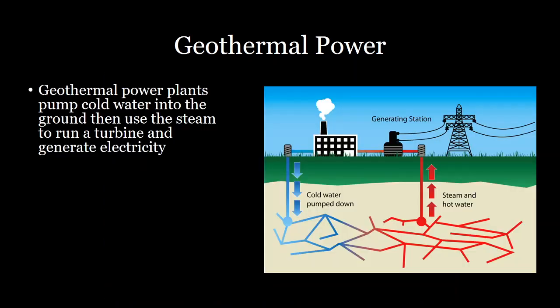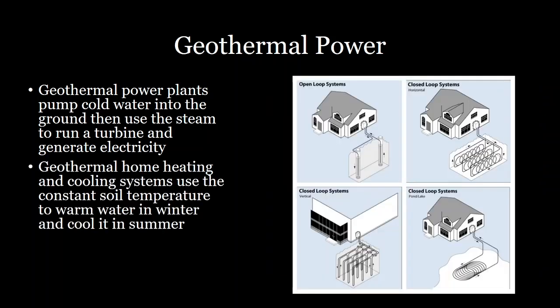Geothermal power usually pumps cold water into an area of groundwater where you have geothermal heating, so it's close to a magma body, and then it pumps out that water and uses the steam in order to run a turbine, and then that turbine generates electricity.